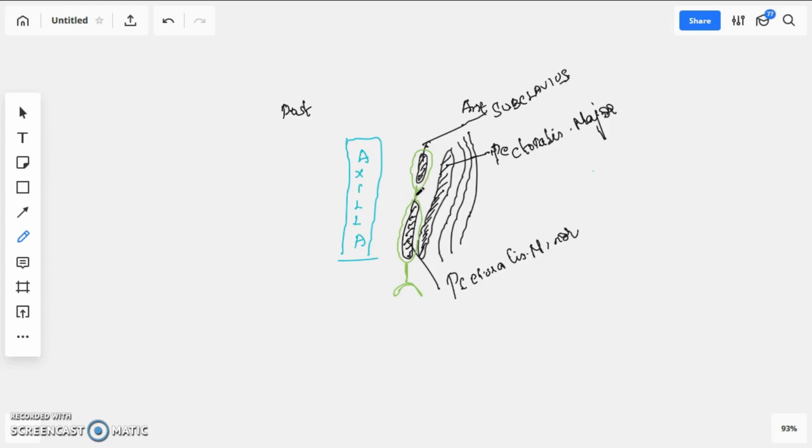So this is the clavipectoral fascia, this will be called the suspensory ligament of axilla, and this is the axillary fascia. So about these things you have to remember for easy understanding.